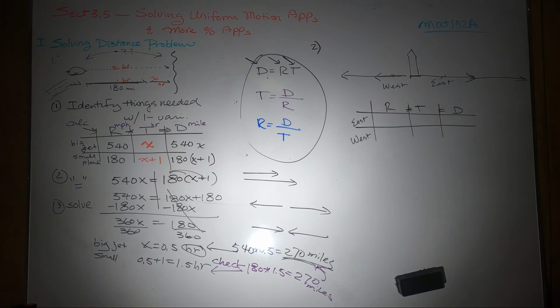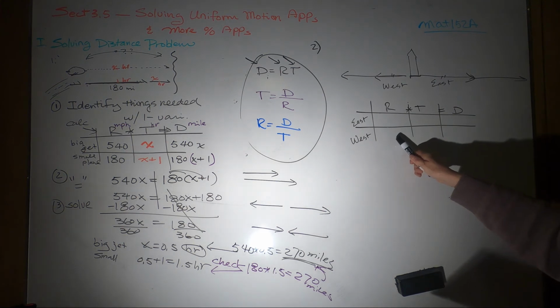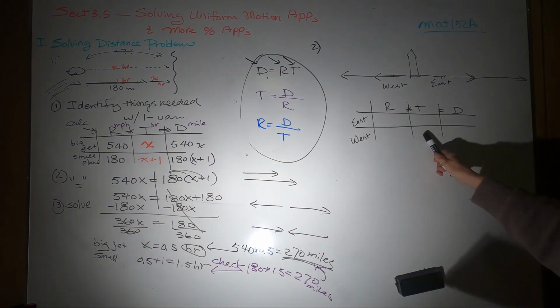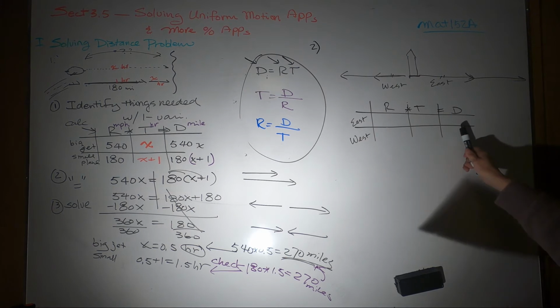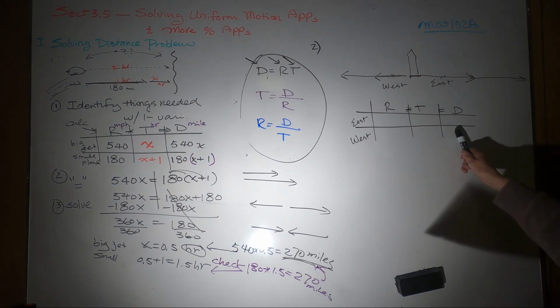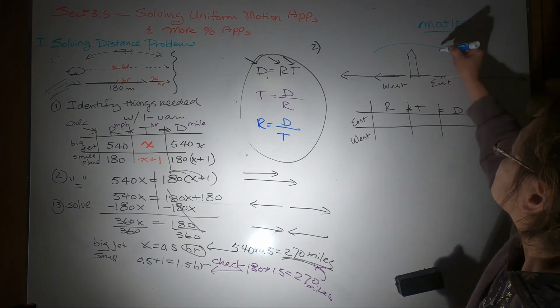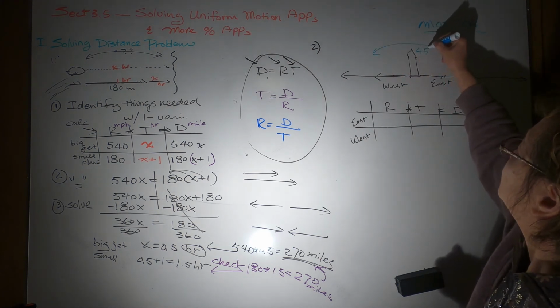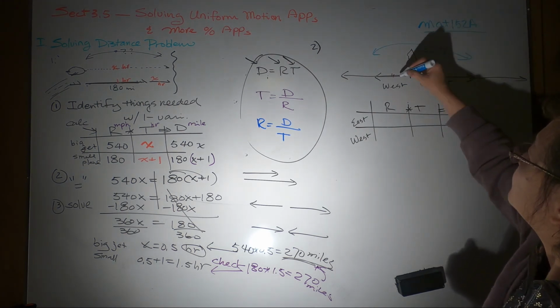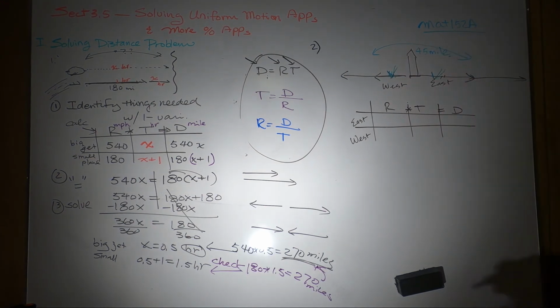So for this question, do we know the speed? We don't. Do we know the time? We don't. But we do know something. After half an hour, how far apart are you guys? 45 miles. 45 miles including westbound and eastbound, right?